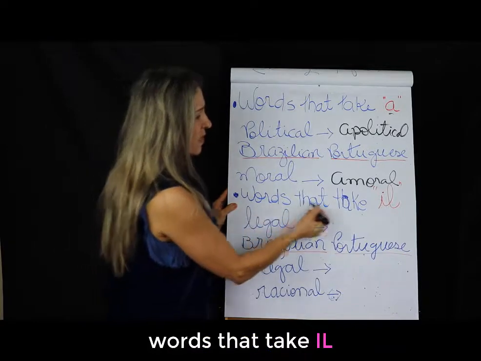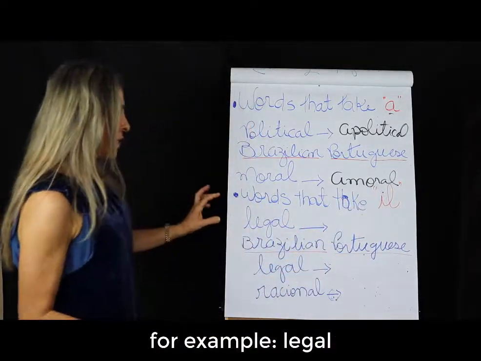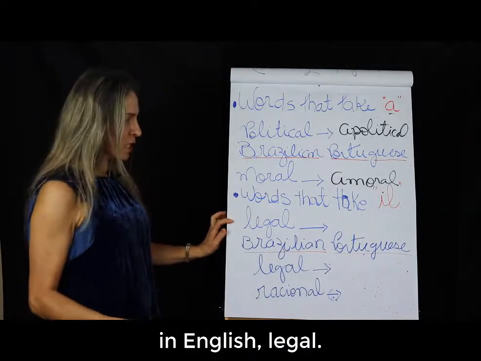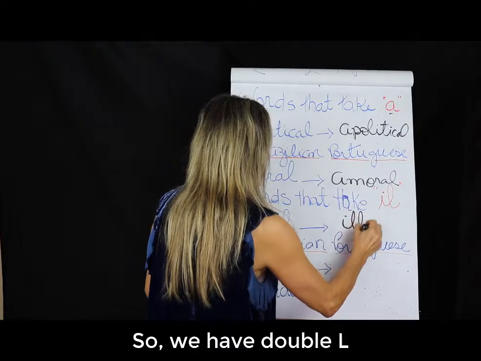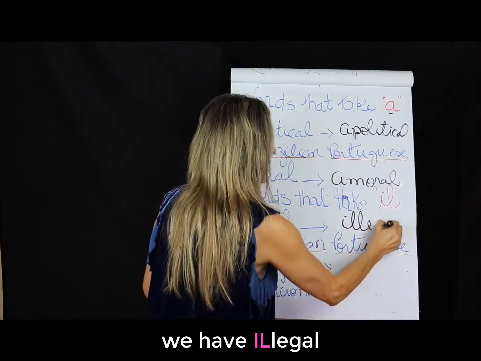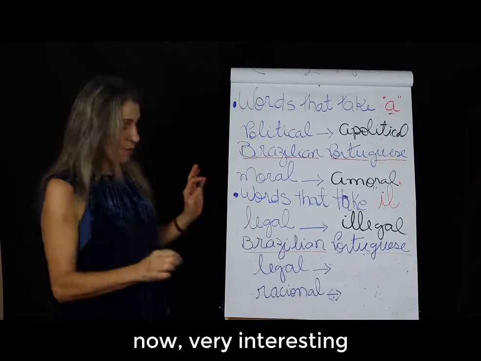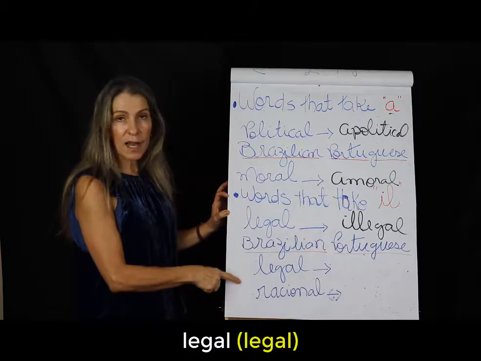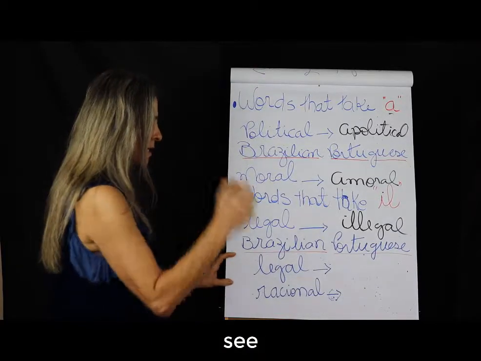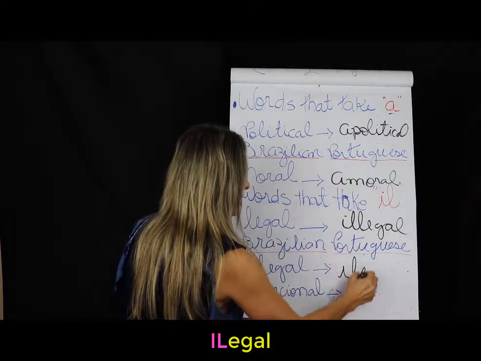Words that take il. For example, legal in English, legal. So we have double L, we have illegal, okay? Now, very interesting because we have a cognate here, legal, legal. See, legal in Brazilian Portuguese, ilegal.